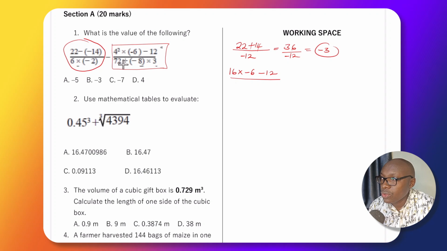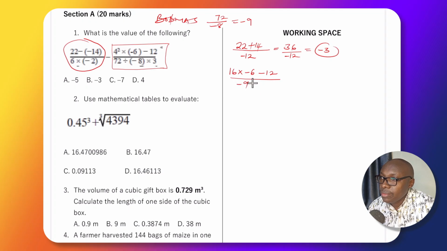Of course, you're supposed to start with division according to the law of BODMAS. Division is supposed to come first. So 72 divided by negative 8 will give negative 9.